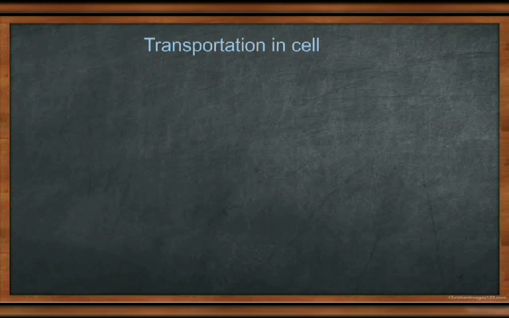Okay, next one, transportation in the cells. I already told you how the material will be transported in the different parts of the cells. So first thing that I told you, if we transport some material, it can be easily transported from one place to another place, which does not require so much energy, but some of them require energy.